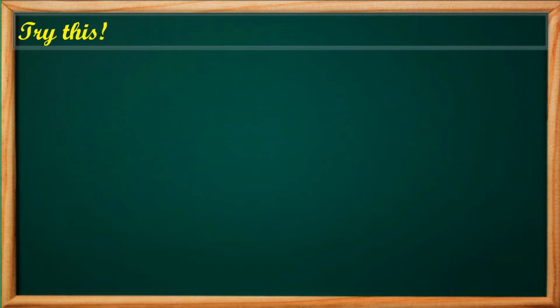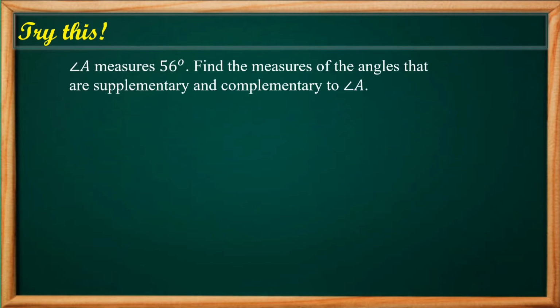Let's try this. Angle A measures 56 degrees. Find the measures of the angles that are supplementary and complementary of angle A. Now, remember, we are solving for the supplement and complement of angle A. First, for the supplementary angles, the sum is 180.